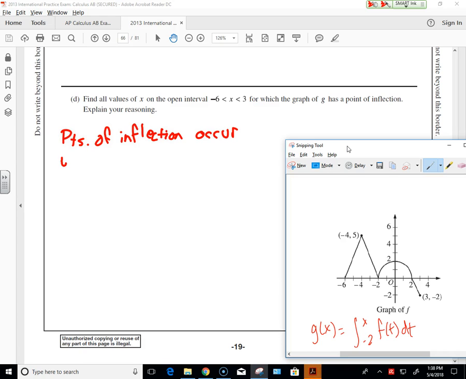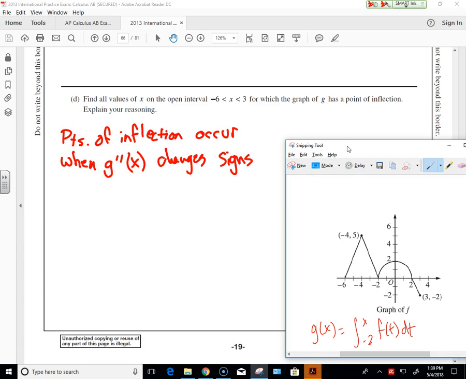Points of inflection occur when g double prime, because that's the function whose points of inflection I'm looking for, changes sign. Those are the actual inflection points. You could say g's concavity changes, or g prime changes. Doesn't g double prime's sign show concavity?